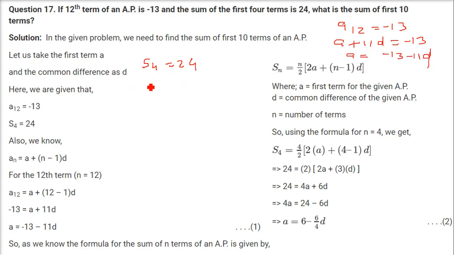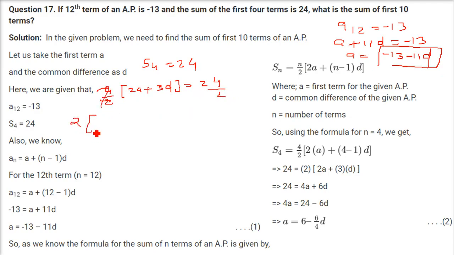S4 is 24, that is the first 4 terms. So n by 2, 4 by 2, into 2a plus n minus 1 into d, that is 2a plus 3d, is given as 24. Now we will use a as minus 13 minus 11d here. Dividing by 2, it will be 12.